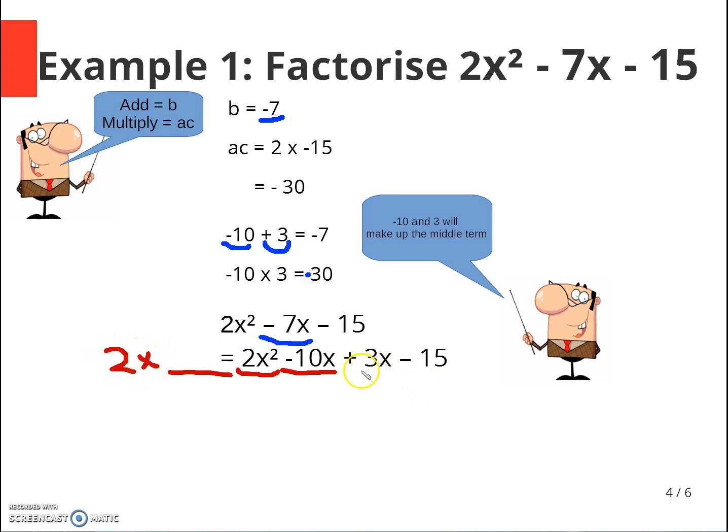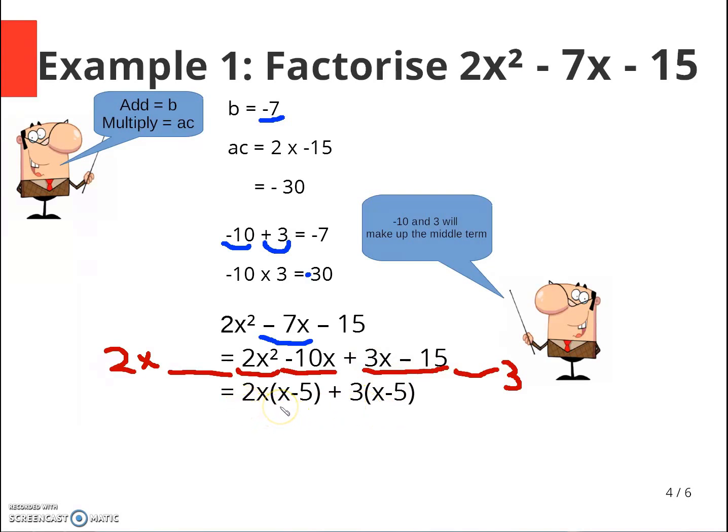I can factorize my group on the right here, the 3x and minus 15. The highest common factor is 3. I'm going to take that out, which means in my next line, I've taken out 2x, and now I have inside the brackets x take away 5, plus the 3, because the highest common factor is 3. I factorized the right pair, and now I have x minus 5.